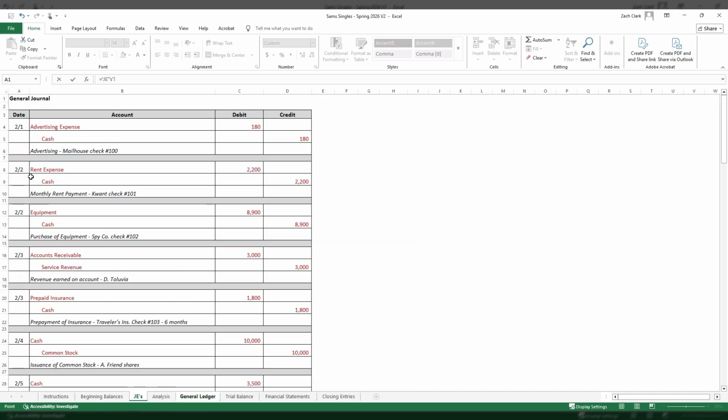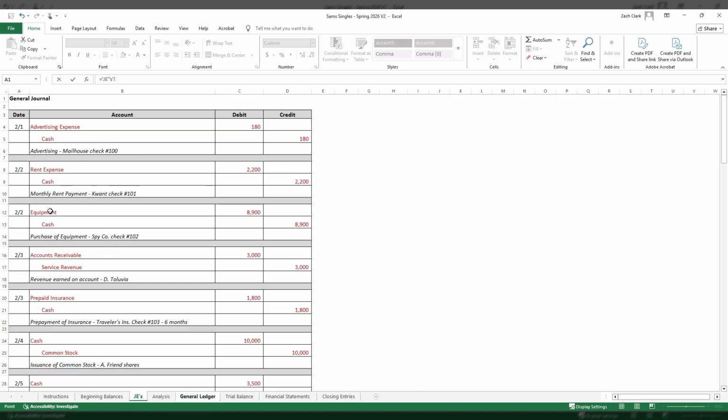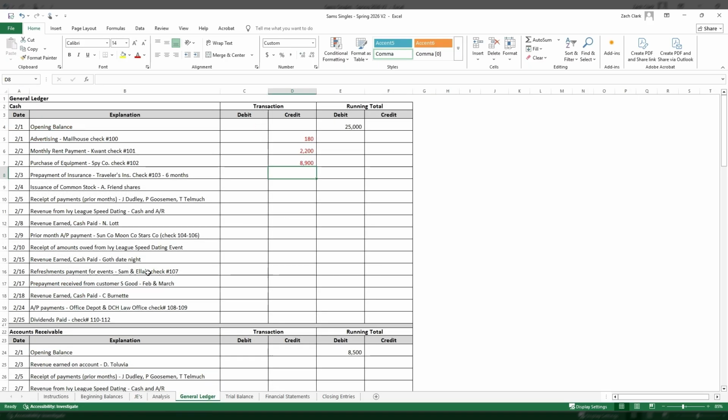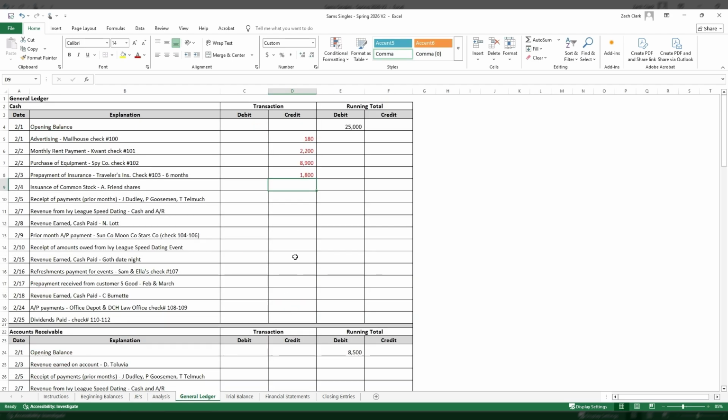The second, on 2/2, we made an entry for a payment for rent. Second transaction on 2/2 that we purchased the equipment. So there's cash again. You can see we're going to skip this entry, but 2/3 we're going to come down here. There's another cash payment right here for the prepayment of the insurance.